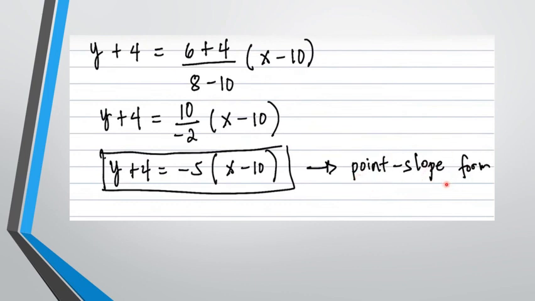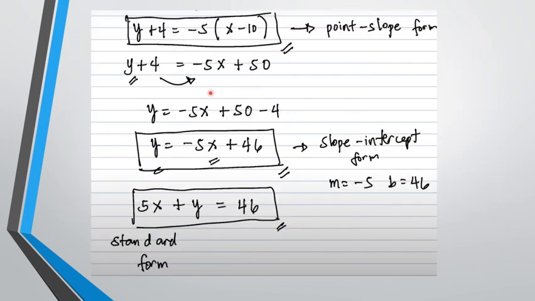Since this is a point-slope form, we will rewrite this equation into slope-intercept form. We will distribute -5 to the binomial.